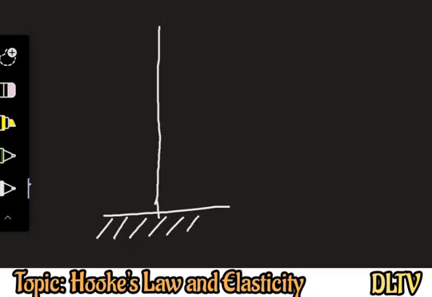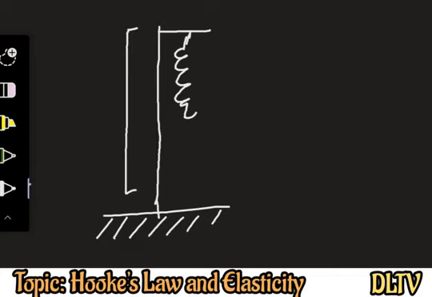Let's assume we're having a scale right here, and we are having our spring, and a mass can be attached over there, and the spring is connected to this stand. Then on the left hand side, we're having a meter rule that is graduated in meters.